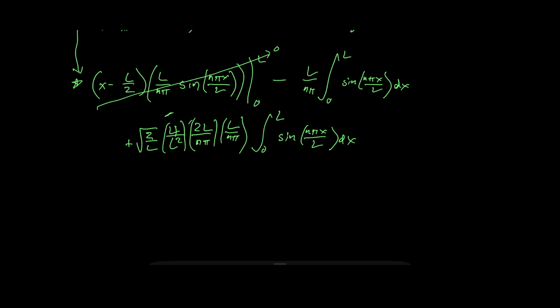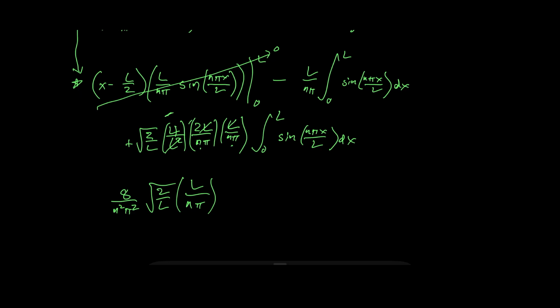So we got 2 L's down here, we got 2 L's up here, we got n squared pi squared times 8. So we got 8 over n squared pi squared times square root of 2 over L times L over n pi.